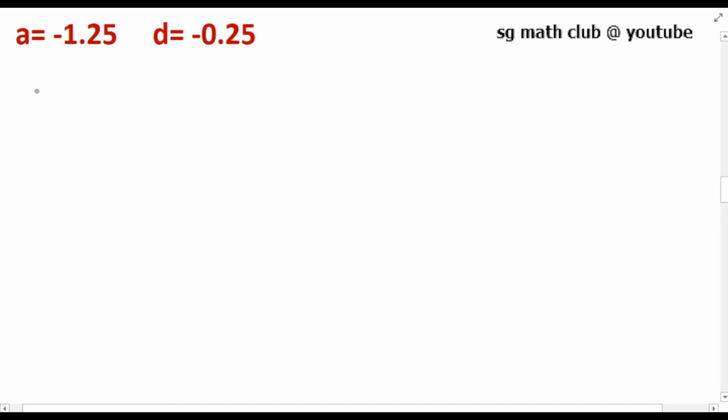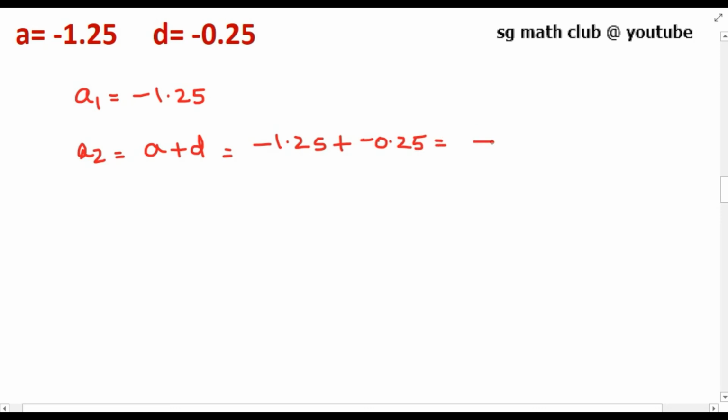So the next question is A equal to minus 1.25. So the first term is minus 1.25. Now A2 is A plus D. So minus 1.25 plus minus 0.25 is minus 1.50. Again A3 is A plus 2D.